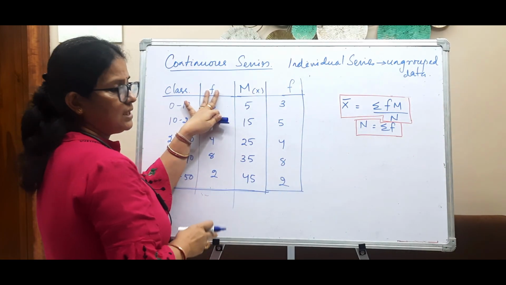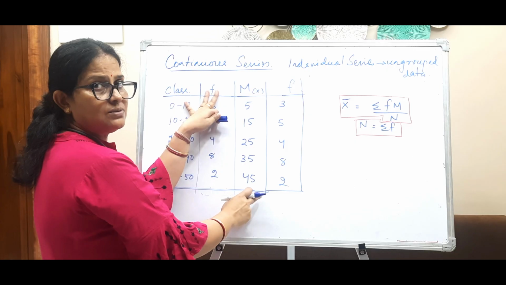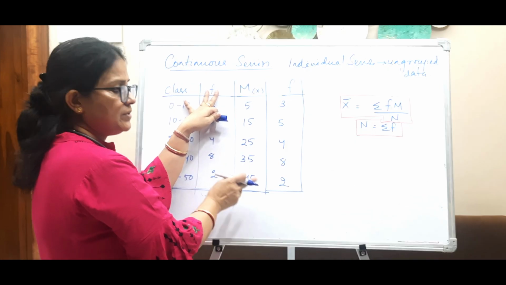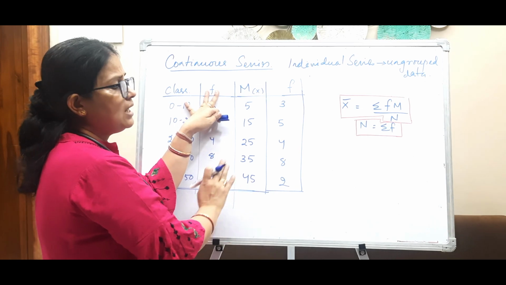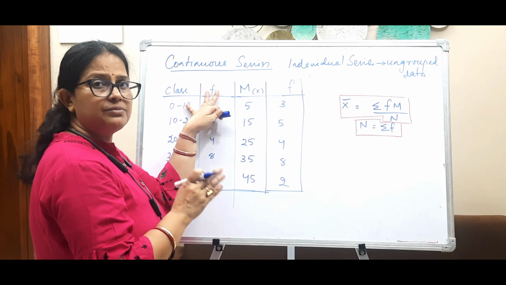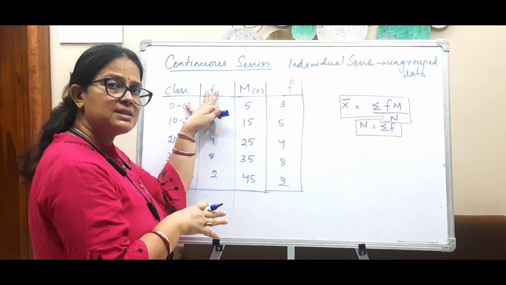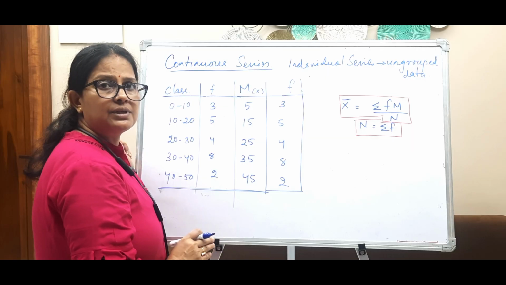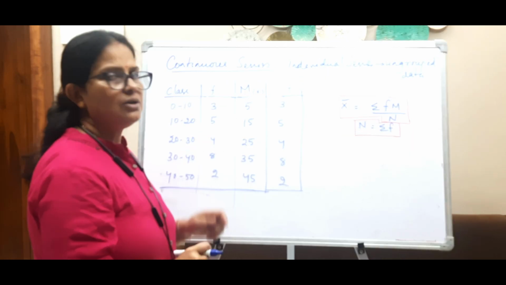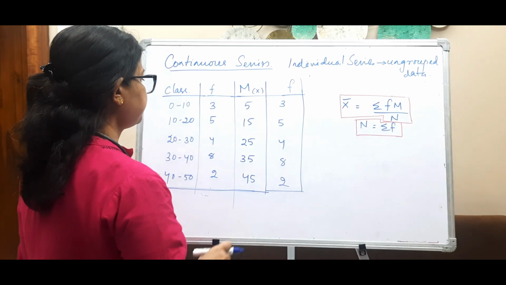How is the series looking? This series is looking like a discrete series. So we have converted the continuous series into a discrete one, and the same formula we use for discrete series, we can use to find the mean for continuous series. Let us see how we do it.